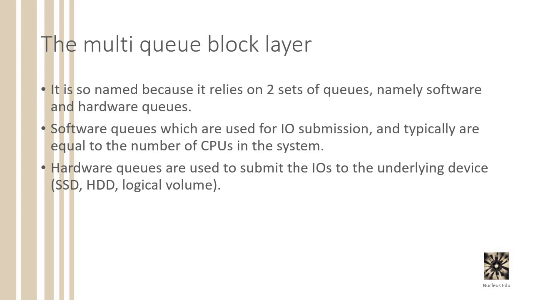The hardware queues are usually equal to the number of queues or parallel processing units of the underlying device. What I also would like to mention here is that these two parameters are configurable by the device driver, which is initializing and using the multi-queue block layer. We will be seeing one of those examples later in the session.